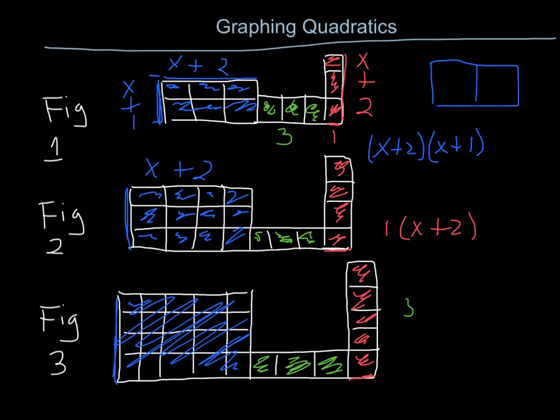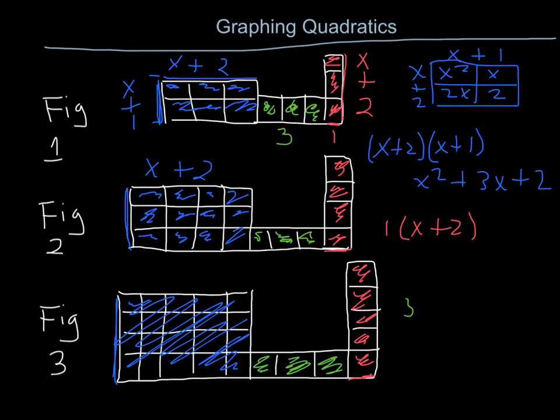So I'm going to draw that real quick. And we say x plus 2 and x plus 1. So that's x squared, x, 2x, and 2. So for the blue area, I have x squared plus 3x plus 2.